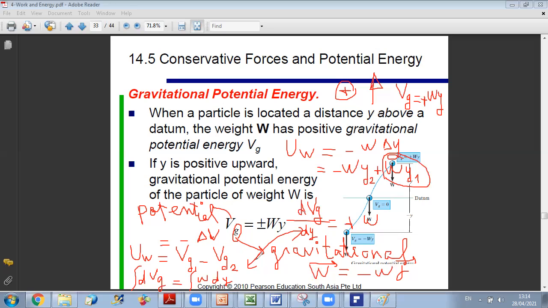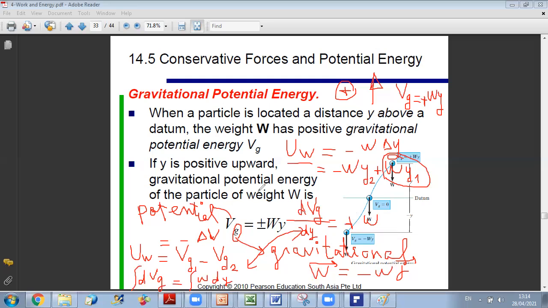Okay, so a force can be stated as conservative in case we can find a potential function such that the work of the weight is minus delta of this potential function. And then the derivative of the potential function gives me minus the force.